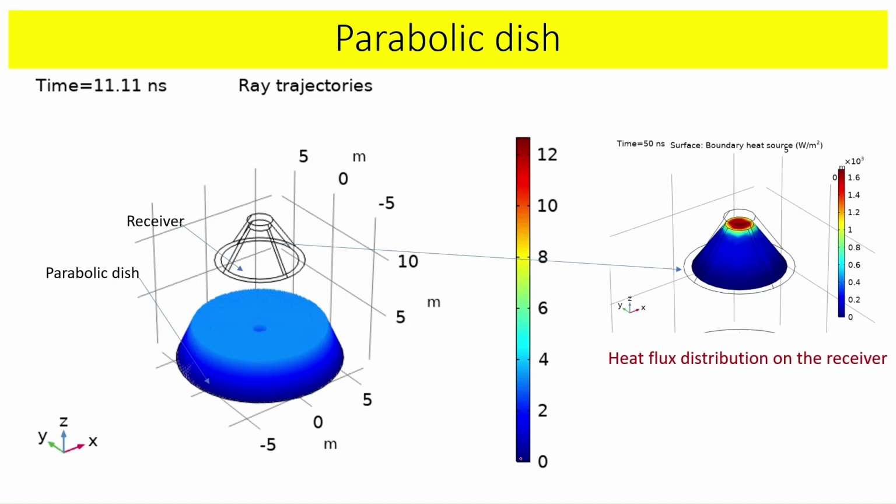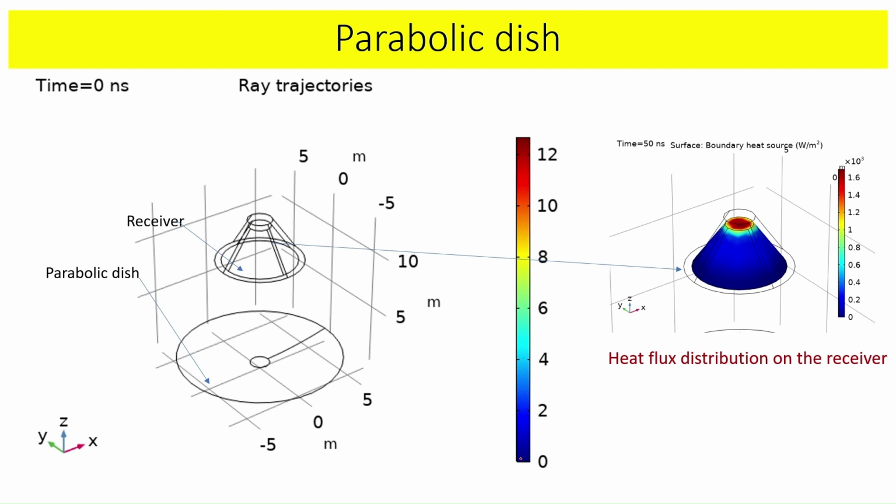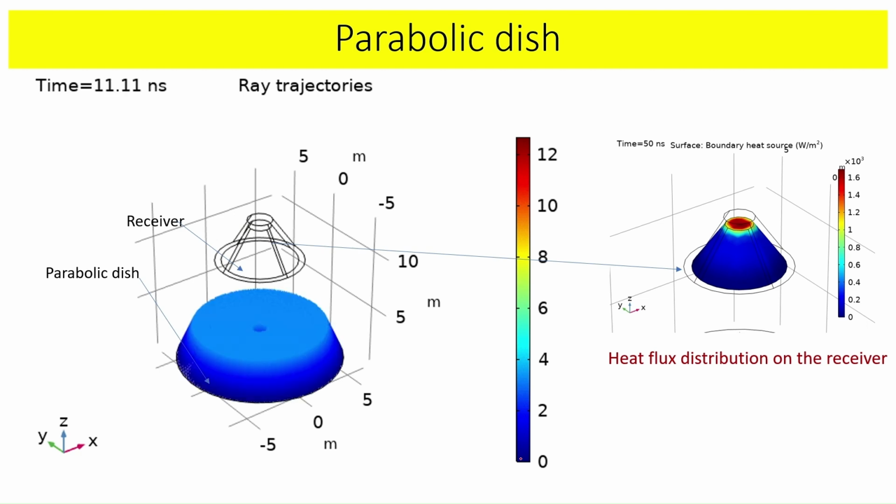Now this is the point concentrating type again. The first point concentrating type was solar tower. This is the second point concentrating type. This is called parabolic dish. So here we have a parabolic dish.